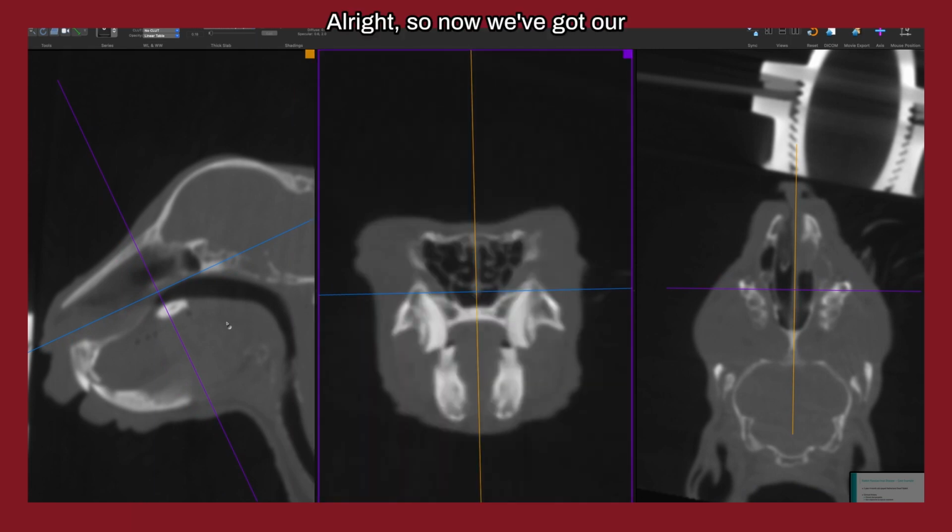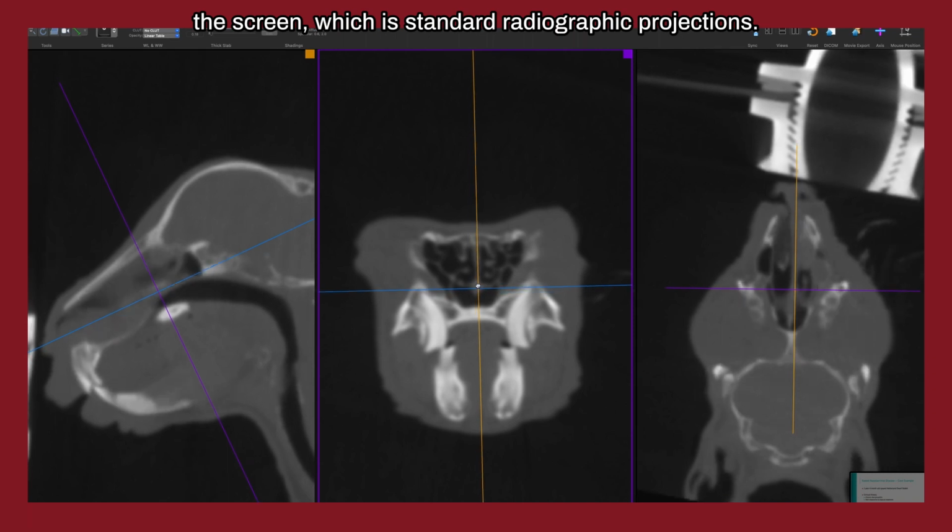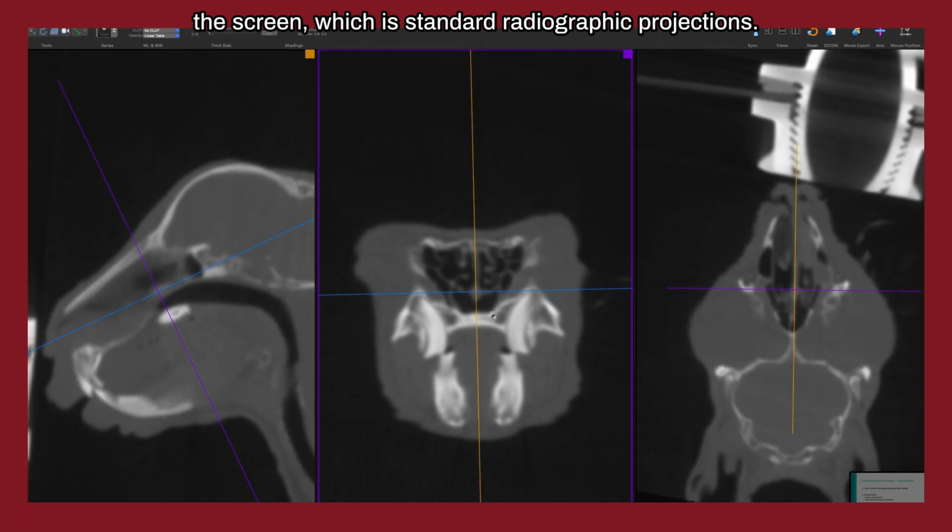All right, so now we've got our rabbit in 3 planes. We have a sagittal on the left, axial in the center, and then a dorsal plane on the right here. The patient's right side is going to be on the left side of the screen, which is standard radiographic projections.